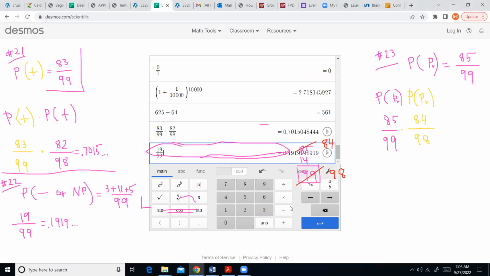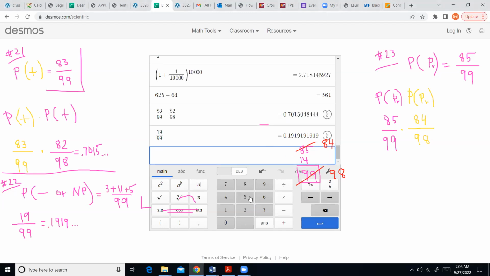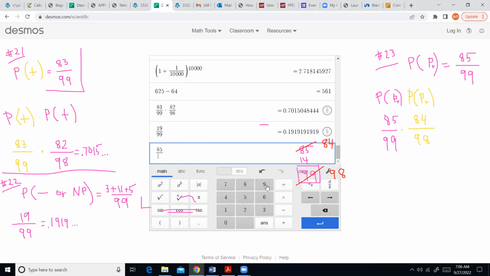So let us use it. So it looks like we need to enter a product of two fractions. 85 divided by 99 is the first, times another fraction. 84 again is divided by 98.